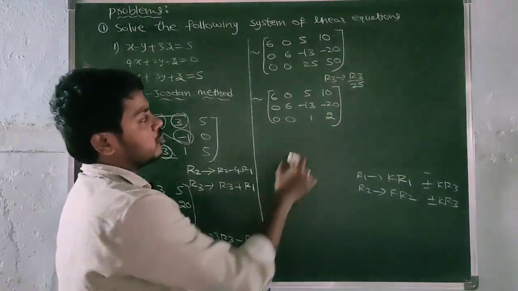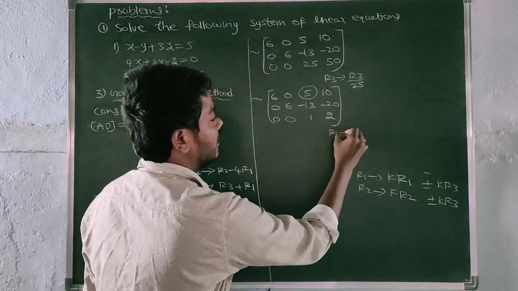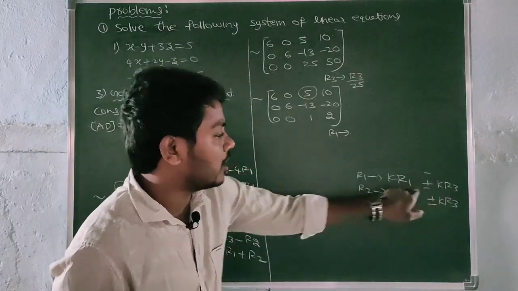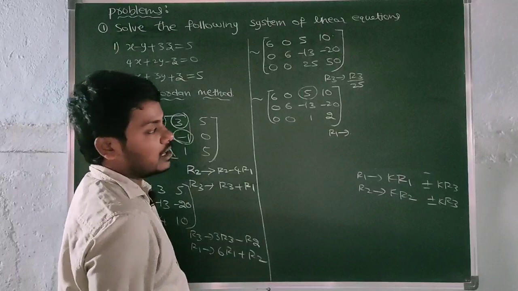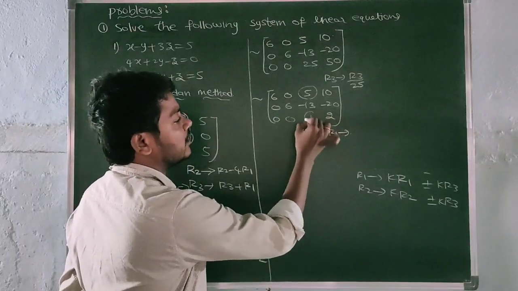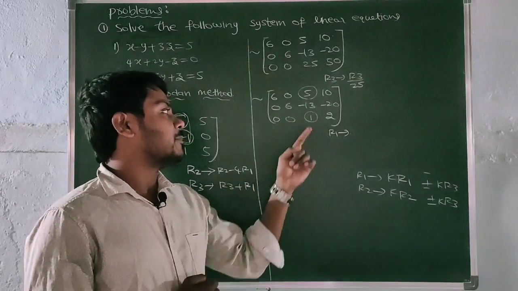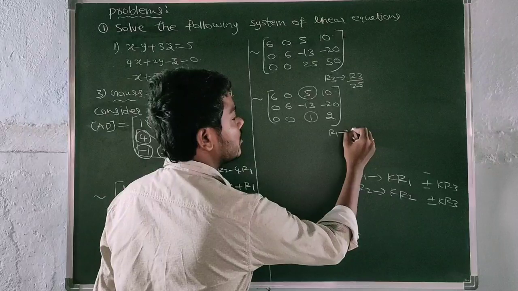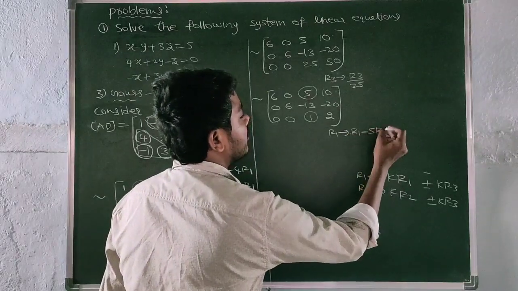See here, next we have to make this 5 as 0. So that is R1 changes to. For that we have to use R1 and R3. The R1 row third element is 5 and the R3 row third element is 1. So multiplying R3 with 5 and subtracting it from R1. So that is R1 minus 5R3.